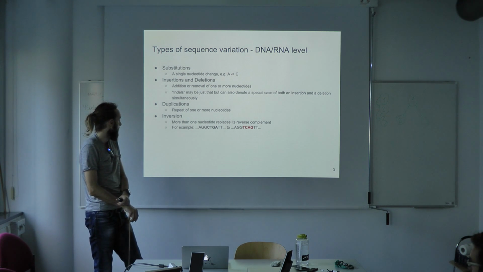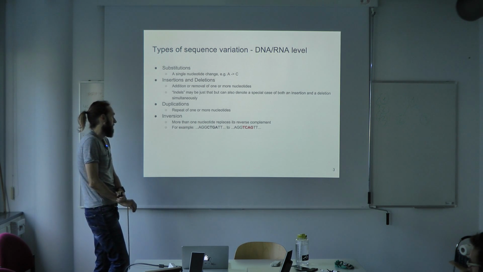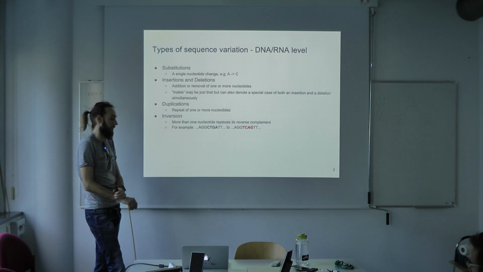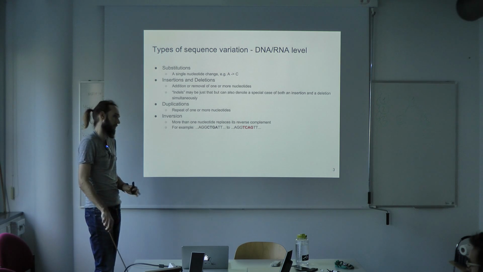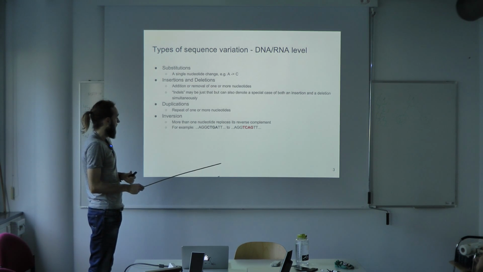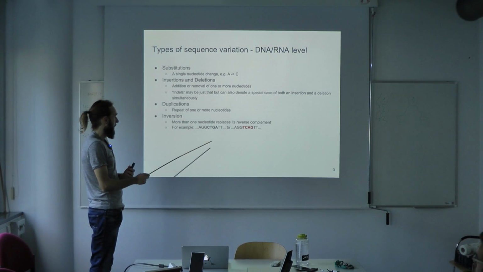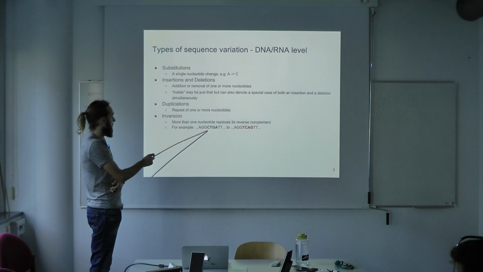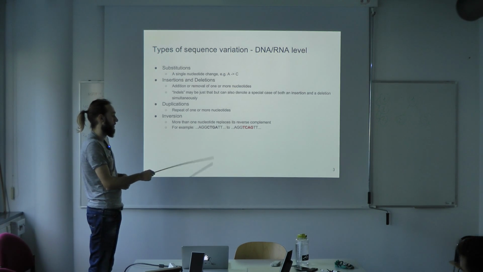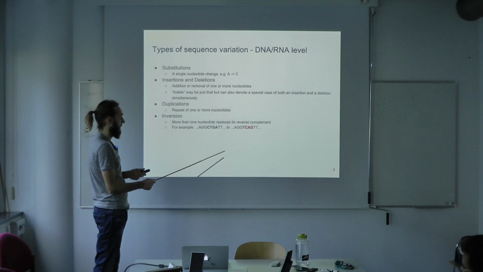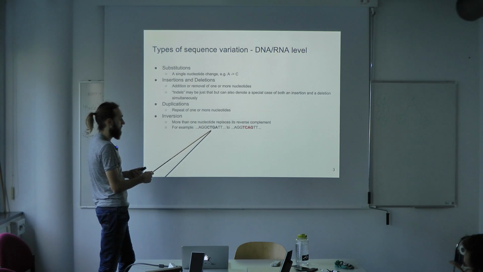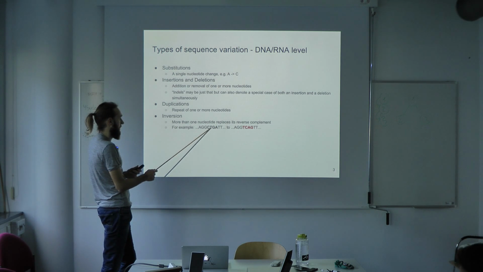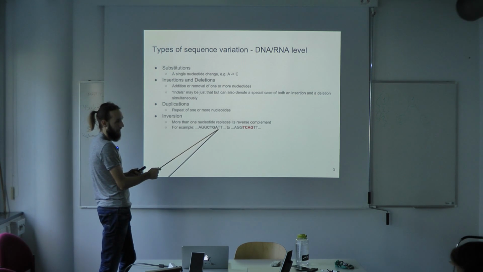And then inversions are an effect of how DNA is replicated, for example. And what this does is, if you have this sequence here, for example, and you have here CTGA, then the inversion of that is the reverse complement. So not only do you use the complementary bases, you also have to start reading from the back, so to say.